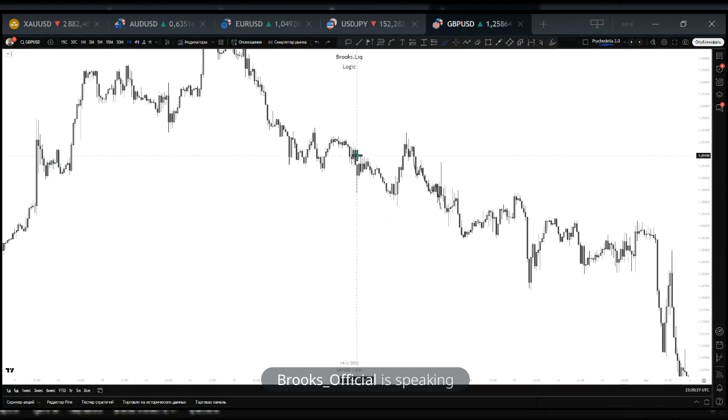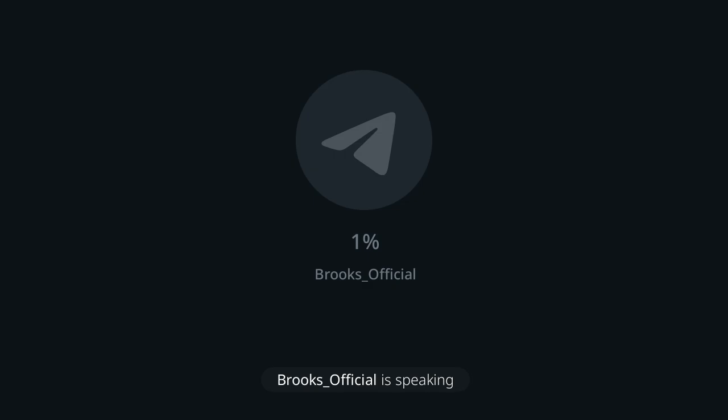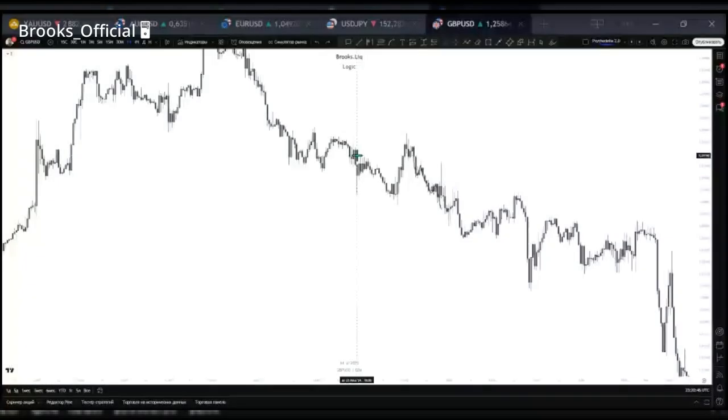So demand and supply, as I've said, is a level that is made up of a series of buy to sell or sell to buy candles. The entire series of buy to sell or sell to buy candles forms the major BOS. I don't know if you get that point.